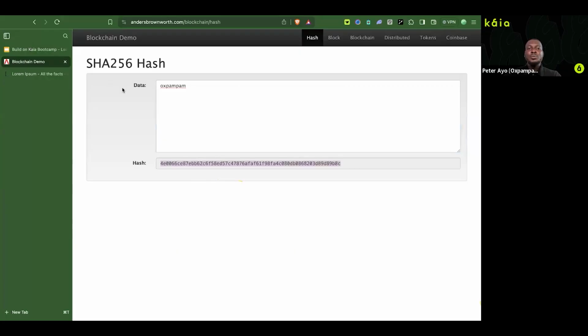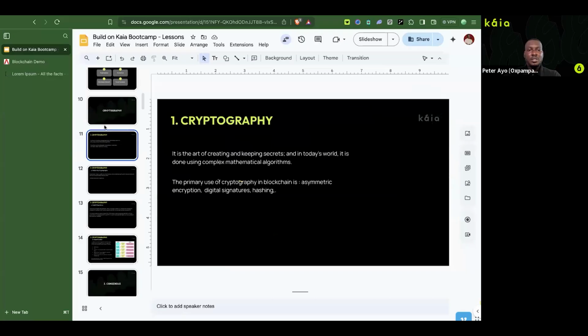This is what we call the avalanche effect, where a small change in the input significantly affects the output. As you can see, this is 0x pampa, it returns ED, CB. And when I add M, it returns 4E, 8C. This is the concept of avalanche effect.